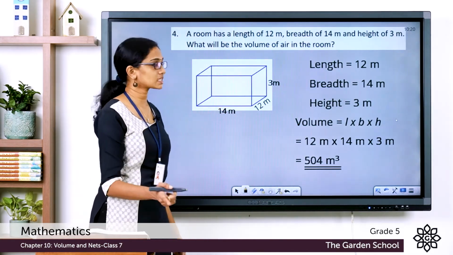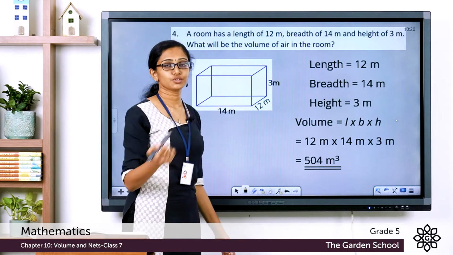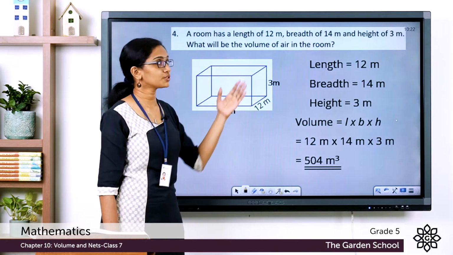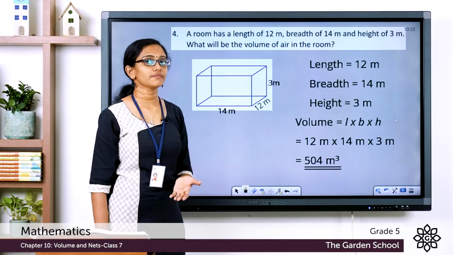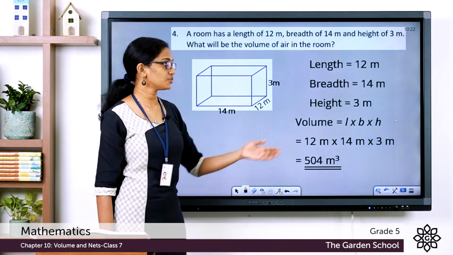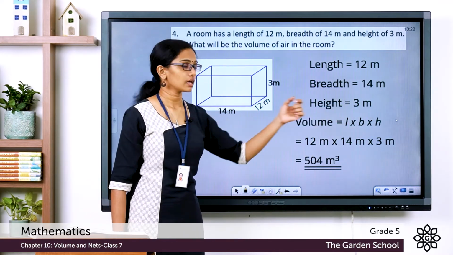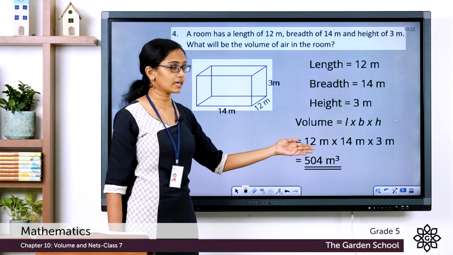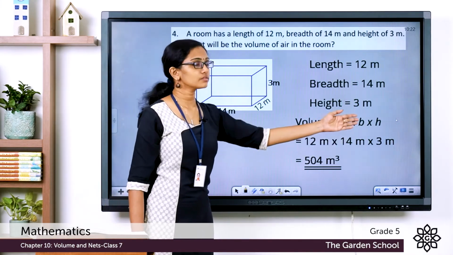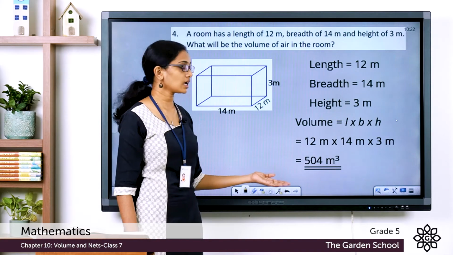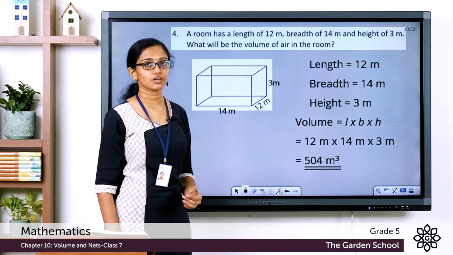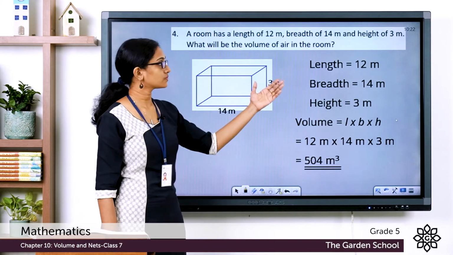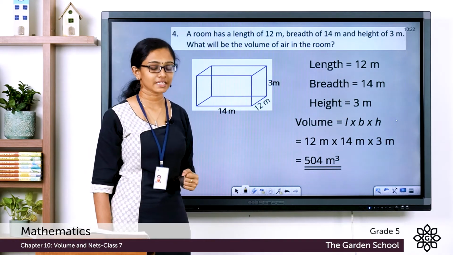Now, in the question it is mentioned the length of the room is 12 meter, breadth is equal to 14 meter and the height of the room is equal to 3 meter. So, by formula, the volume is equal to the length into breadth into height, which is equal to 12 meter into 14 meter into 3 meter, and it gives you the answer 504 meter cube or cubic meters. So, that is the volume of this room. So, I hope it is clear to you.